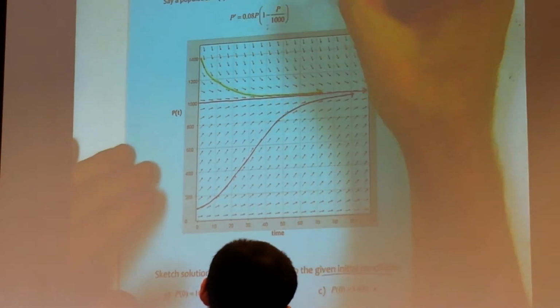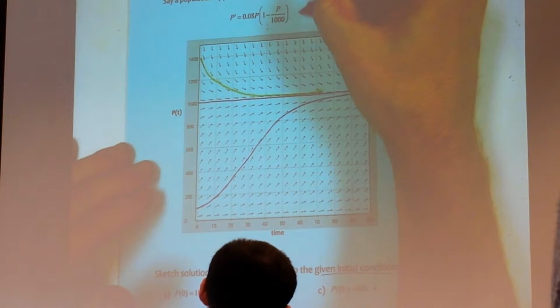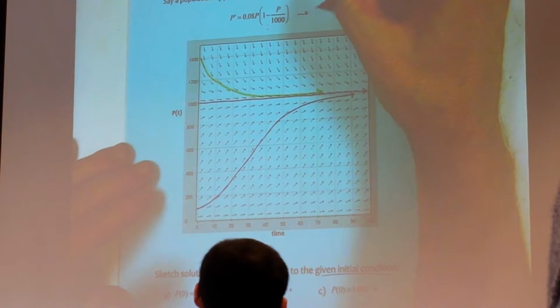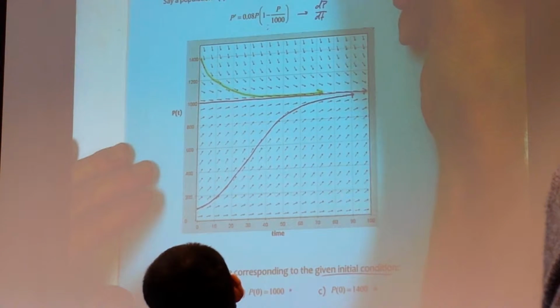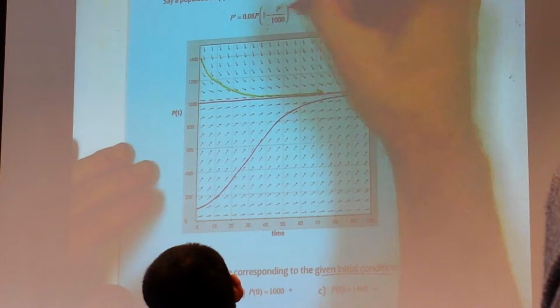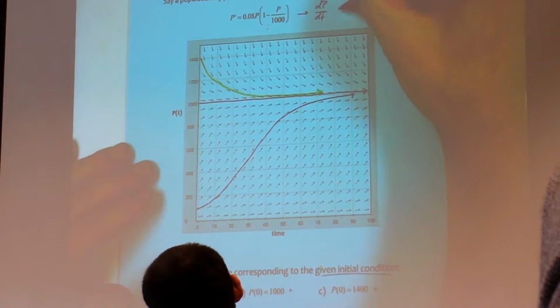Now, what I want to show you is that we can rewrite this. This is another form of the logistic, but what I'm going to do is factor out a 1,000.